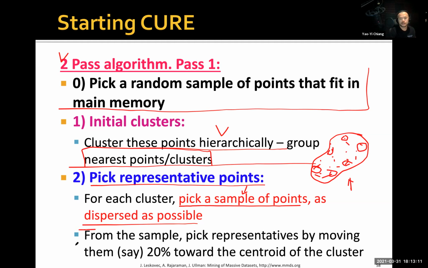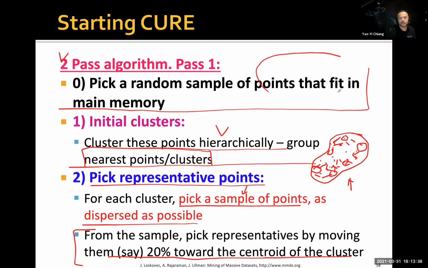From the samples, we are going to move the samples, say 20%, toward the centroid of the cluster. So this will give us a more compact cluster formation, right? Remember, our goal is to have compact clusters, and if you move them toward the center, that will help you reduce the probability of having empty areas here, right?